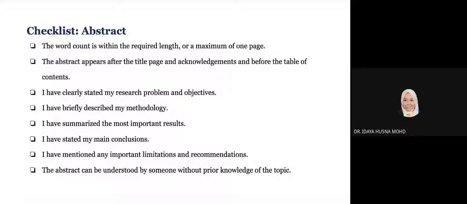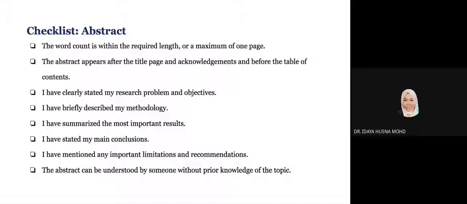Okay, so the second one is that the abstract appears after the title page and acknowledgement and before the table of contents in your dissertation or your thesis. Okay, but for a research paper, it will be upfront after the title. Okay, and the third checklist is that you have to ask yourself: I have clearly stated my research problem and objective.